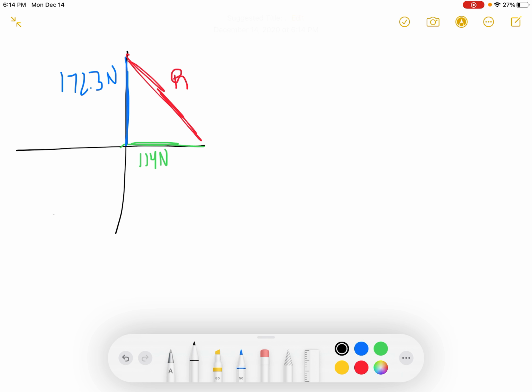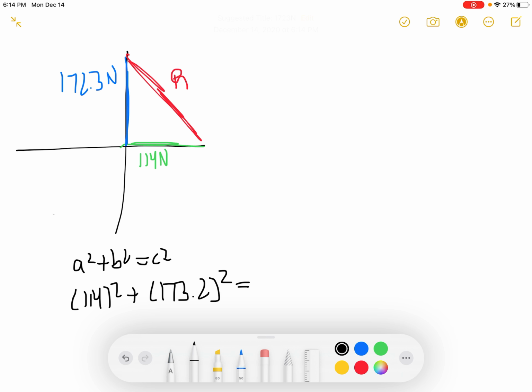So, Pythagorean theorem. A squared plus b squared equals c squared. A and b could be either of those, but we'll just say x is the a, and so that's 114 squared plus 173.2 squared equals r squared, which we can say c squared, but that's the same.